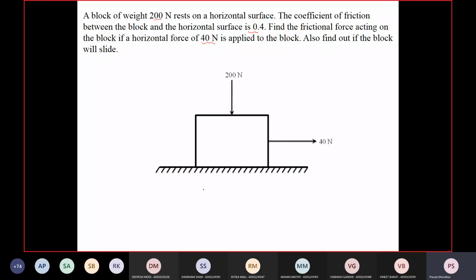Okay. So let's draw the free body diagram. This is the normal reaction. This is the frictional force. The force is on the right hand side, so the frictional force will be on the opposite side. So this is the free body diagram.